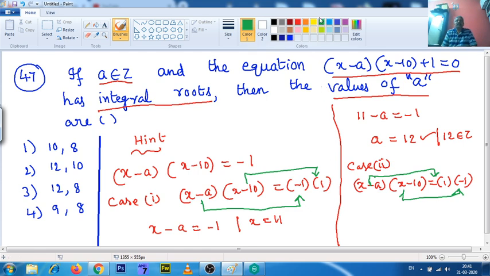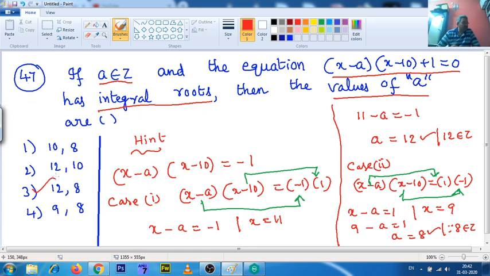So we get x minus a equals 1, whereas x minus 10 equal to minus 1 means x is equal to 9. Substituting, 9 minus a is equal to 1. So, a is equal to 8. Here 8 belongs to Z. This is also accepted. So, what is the answer we have? Here 12, 8, third option. Third option is the right option. Yes, Venkat Jaran, third option is the right option.